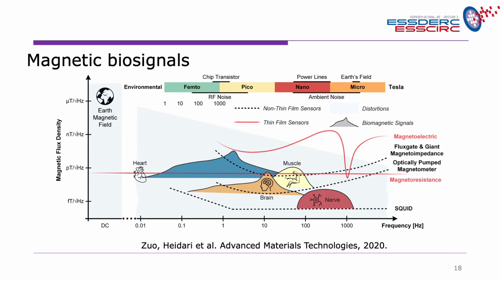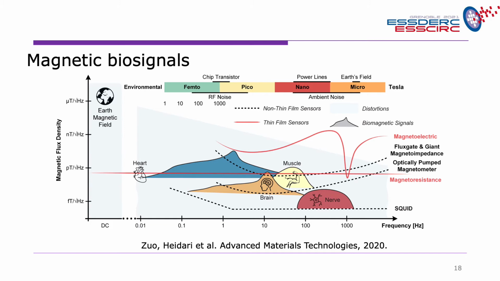You can see that other applications, for example non-medical, in industry, are in the range of microtesla or nanotesla. Just imagine that Earth's magnetic field is around 50 microtesla.